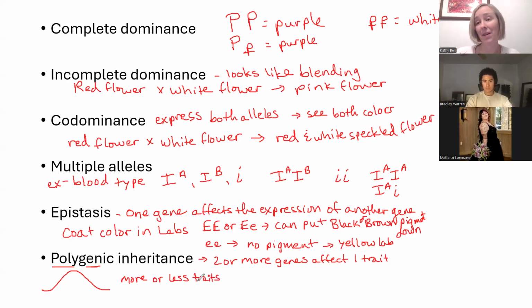Some people are more tall, some are less tall, some have darker skin, some have lighter skin. So there's a continuum. It's not like you're tall or short, there's a lot in between. So you get these bell-shaped curves. Most people are in the middle, but there are some on the extremes. Some people are very short, some very tall, but there's not very many of those.